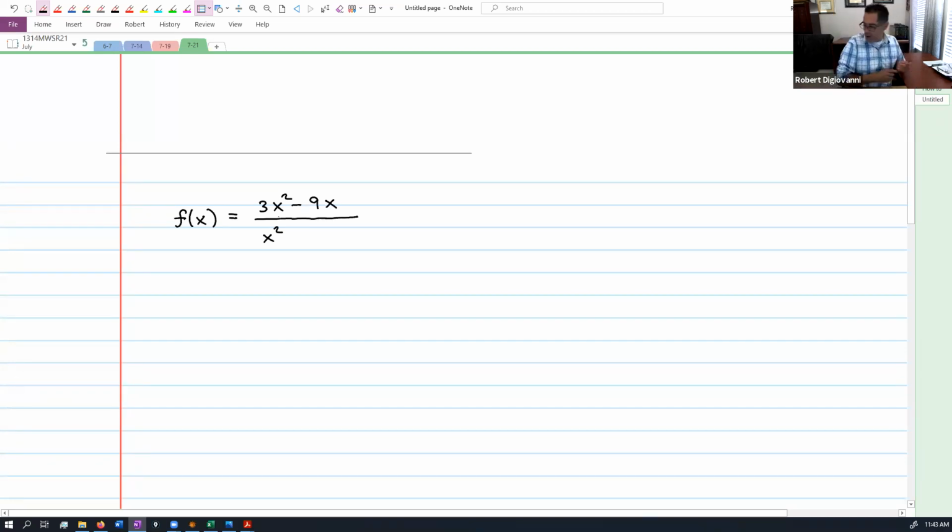I'm making this problem up, so I need to make sure it works the way I want it to work. You know what? Let me change one thing to make this work a little better. Let's make that 12x on top, and then on the bottom, let's go x squared minus 4 there.